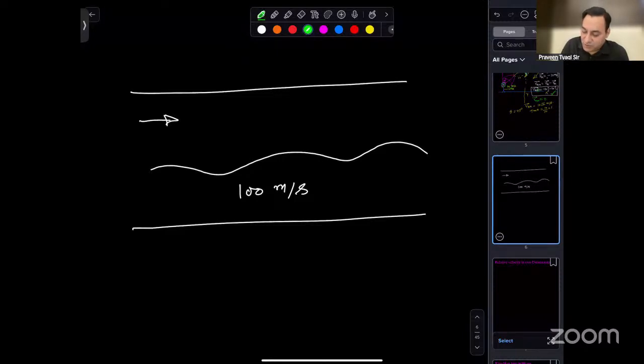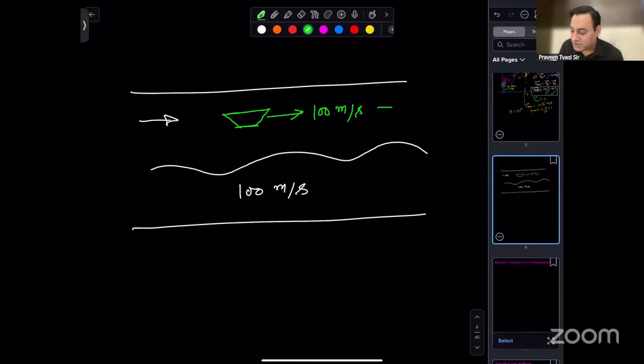So if I put a paper boat, what will be the velocity of the paper boat? If I put a leaf, what will be the velocity of the leaf? It will be same as of the river, because there is no engine in this paper boat. So it will flow with the river and the velocity will be 100 meter per second.